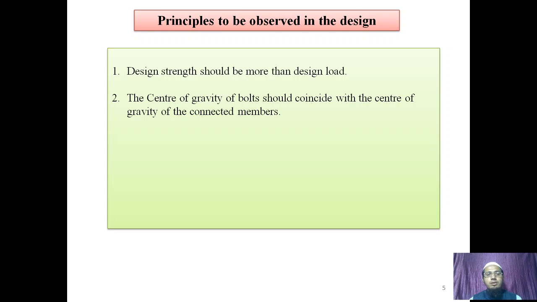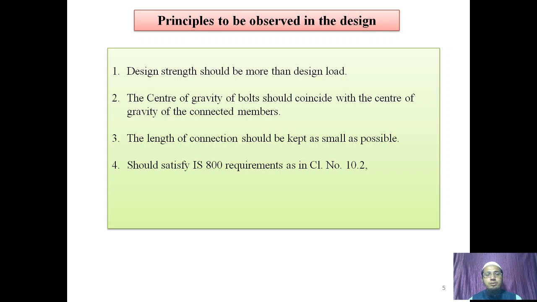We should note that the center of gravity of bolts should coincide with the center of gravity of the connected members, as we are designing simple bolted connections. So there should be no eccentricity between the CG of the bolts and the CG of the member. Again, the length of connection should be kept as small as possible.